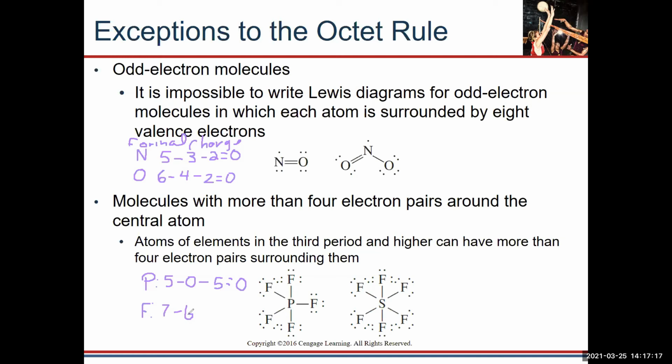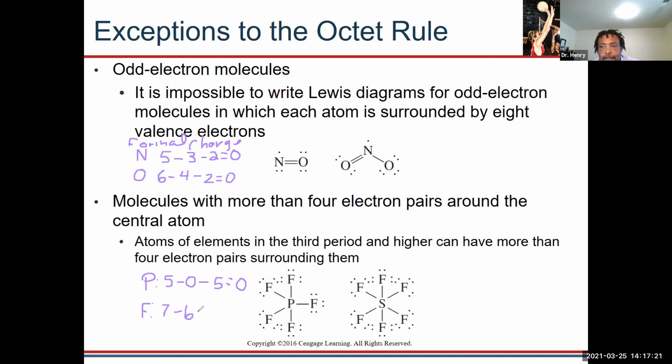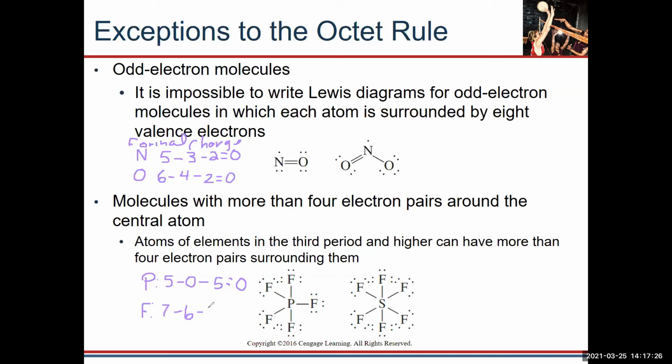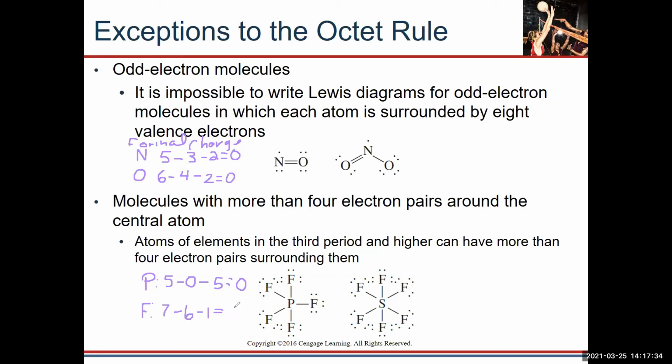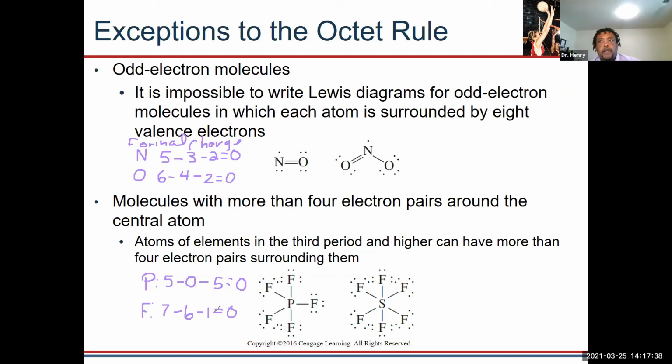So there'll be 6. And then how many bonds? 1. So 7 minus 6 minus 1 is 0. So again, its formal charge is 0. It's perfect. So that's why it likes it.